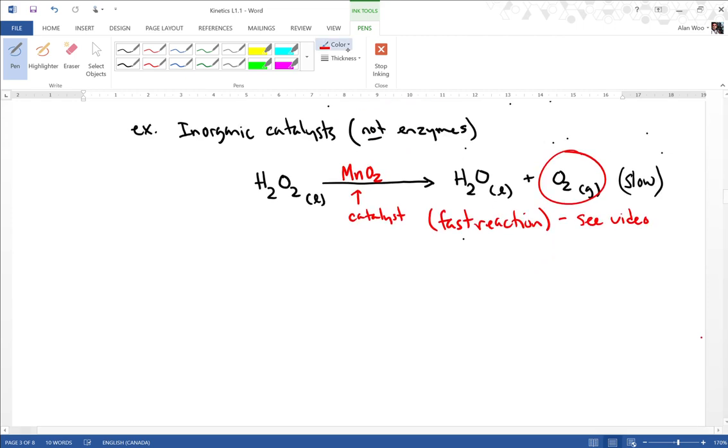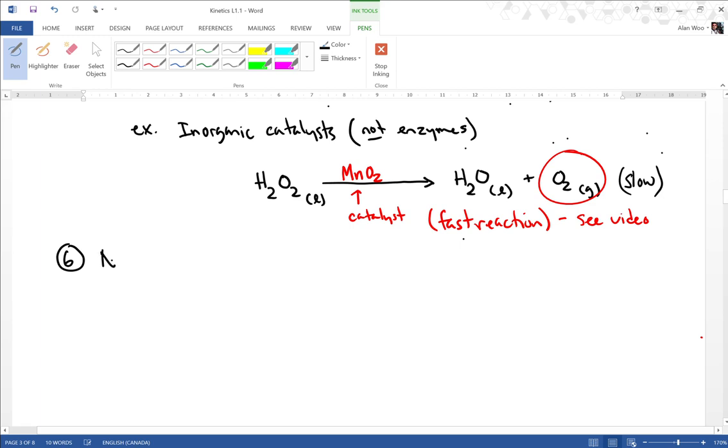So catalysts themselves increase the speed of a reaction. Okay, they can work on inorganic reactions, like what we have with peroxide, or they can work with organic reactions or biochemical reactions, that we see with how enzymes work there.